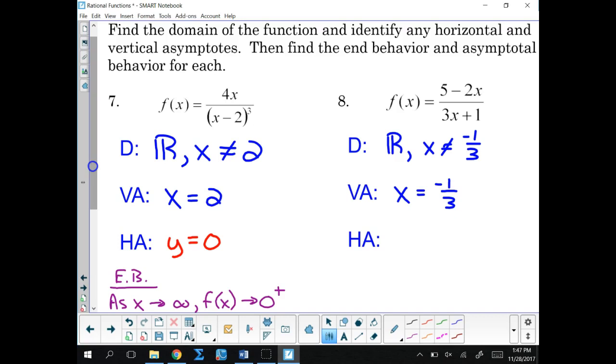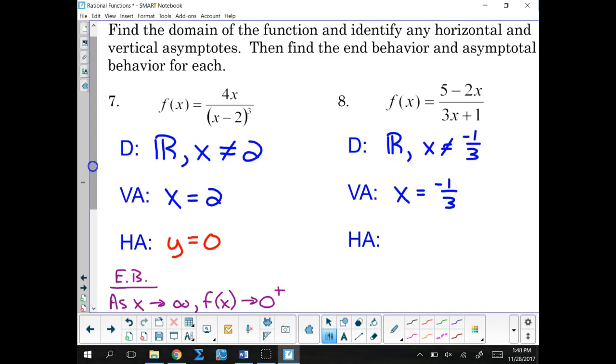Horizontal asymptote. Degree of the top, 1.